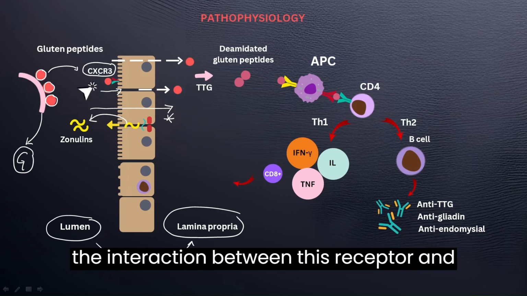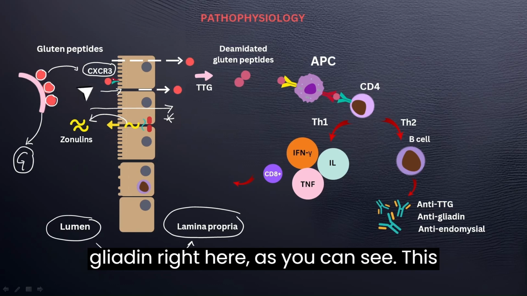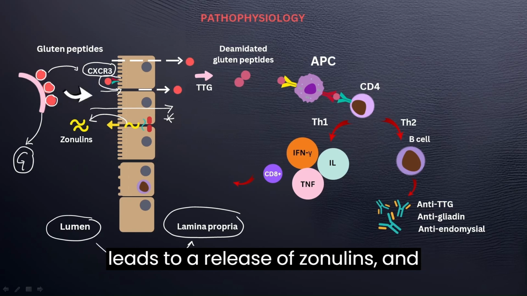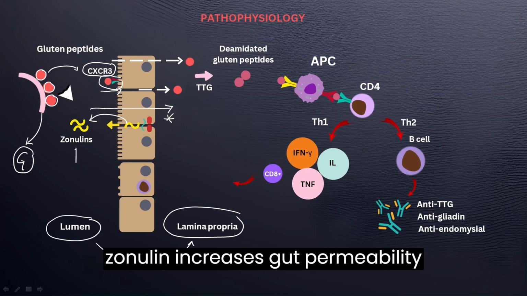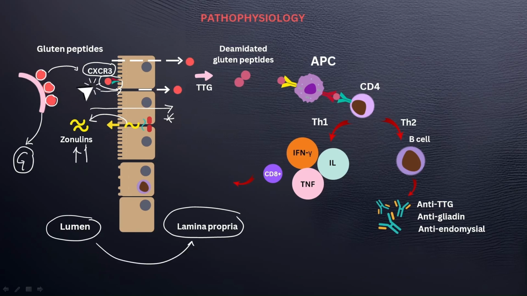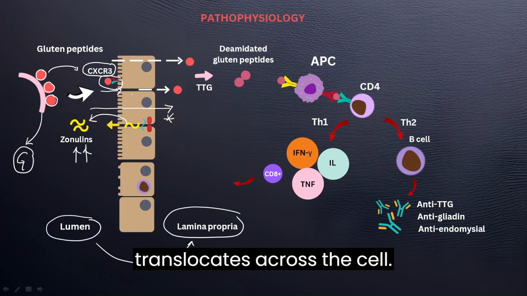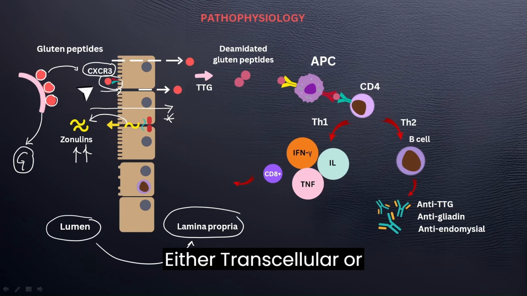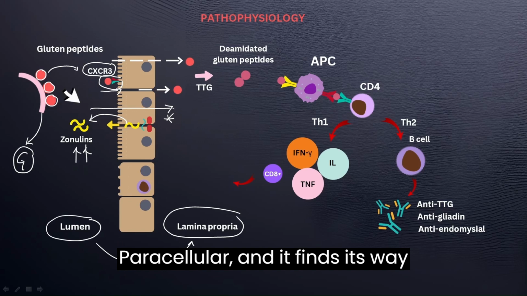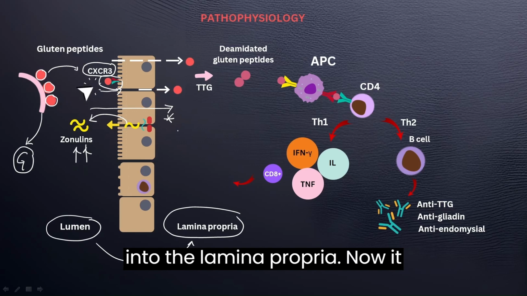So the interaction between this receptor and gliadin right here, as you can see, leads to a release of zonulins, and zonulins increase gut permeability so that gliadin then translocates across the cell, either transcellular or paracellular, and it finds its way into the lamina propria.